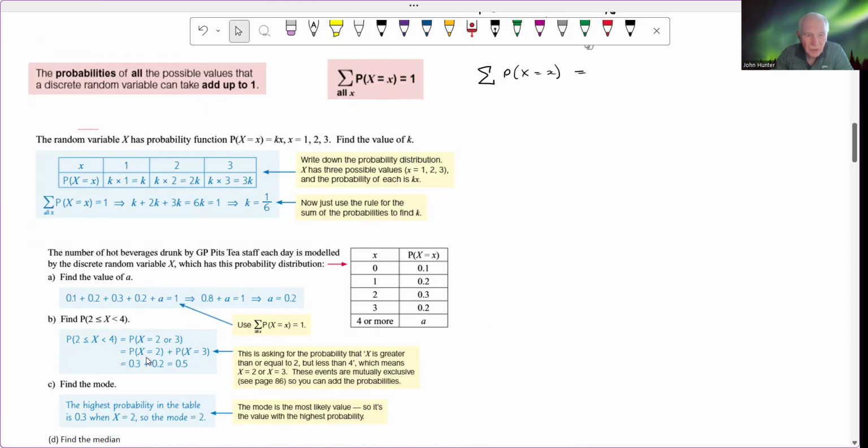So there we go. That's another way of saying that the probability is 2 or 4. The probability of 2 is 0.3. The probability of 4 is 0.2 that we've just worked out. So we add those two together. These are mutually exclusive, so we can add them up. And that gives us 0.5. So that would be the probability that the random variable is greater than or equal to 2 and less than 4.